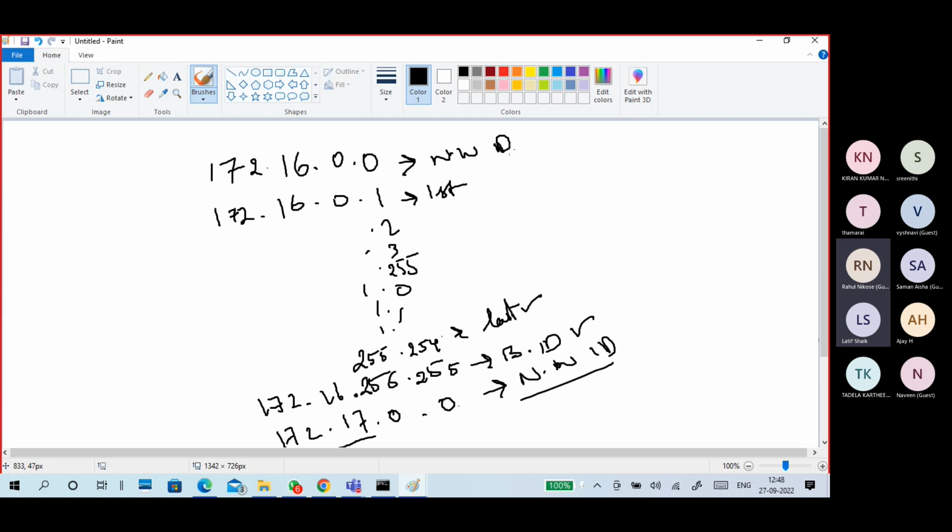Now the total IP addresses, from here to here. The first two octets are the network portion, and the third and fourth octets are the host portion. These two are host octets.